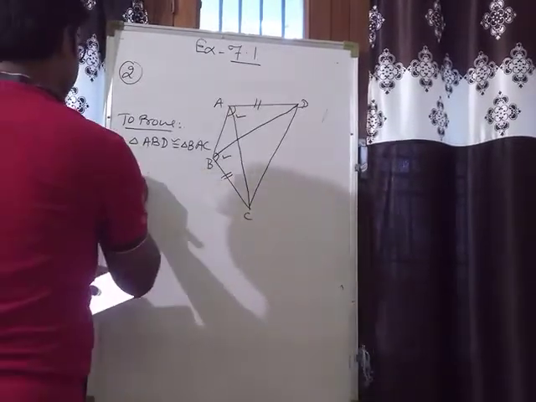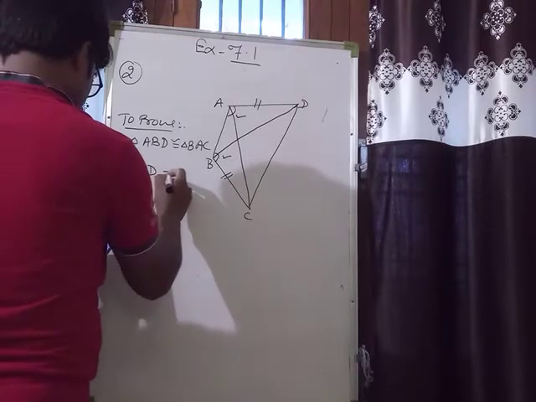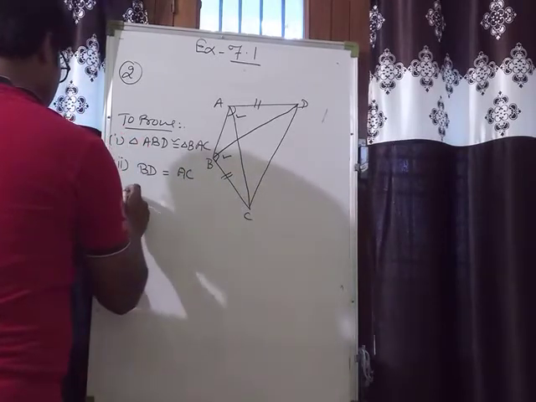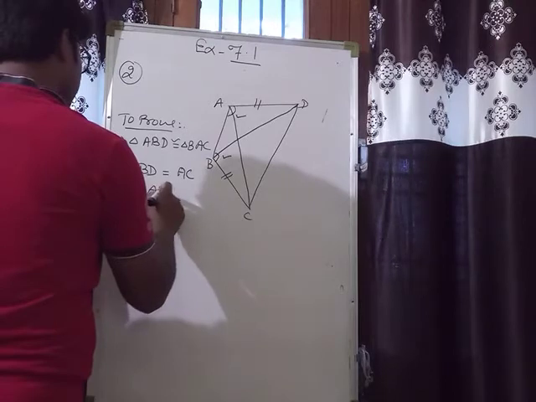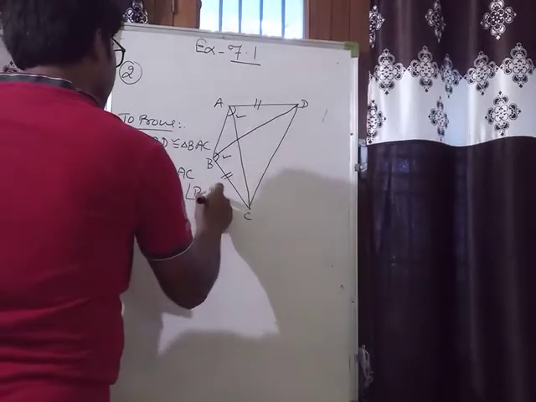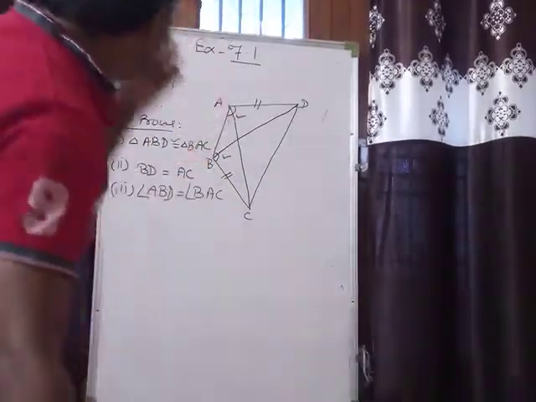Second, we have to prove that BD is equal to AC, and third, we have to prove that angle ABD is equal to angle BAC. These three things we have to prove.